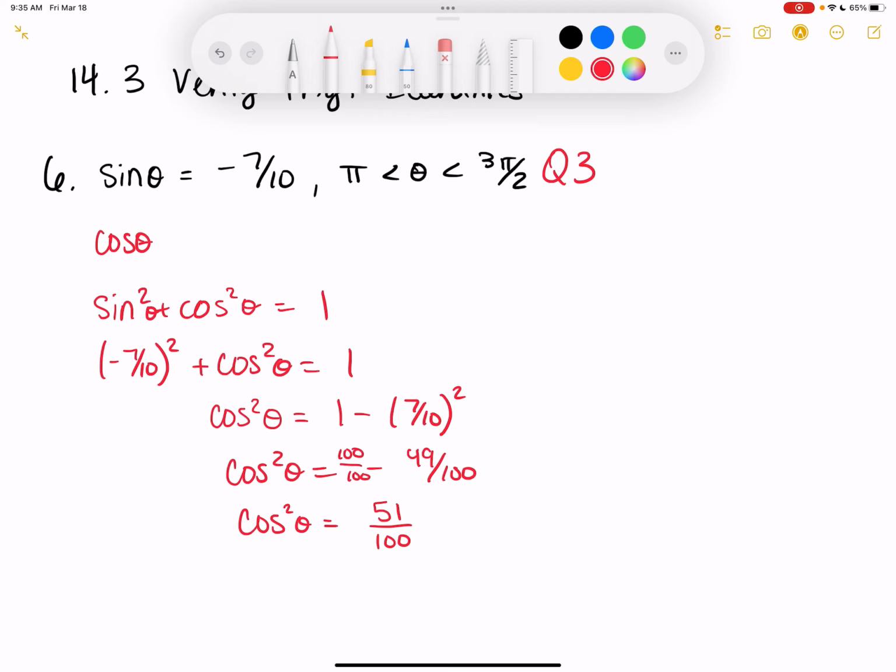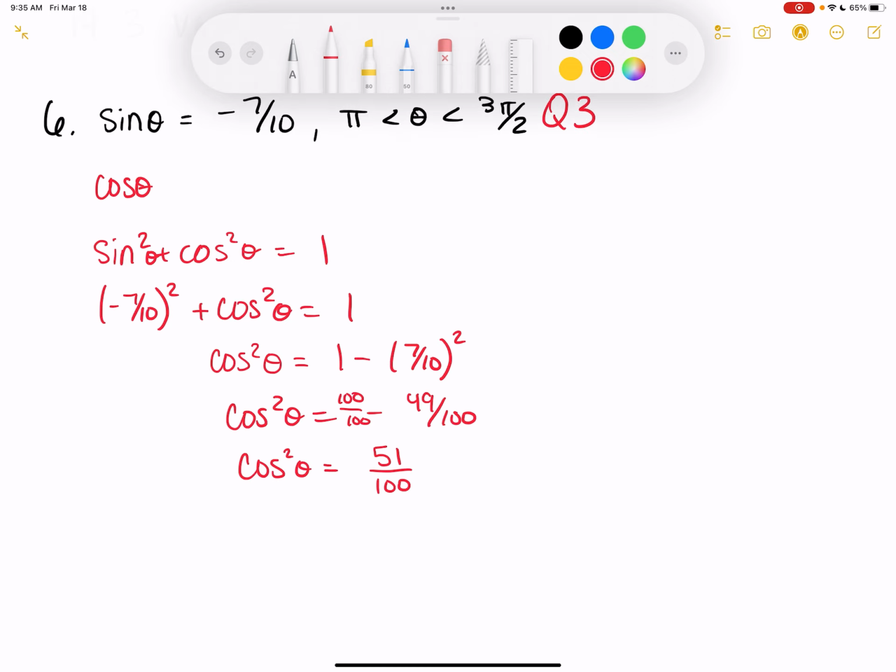Okay, thank goodness. Wait, how do you figure out which one you use? I'm going to show you this, and then I'm going to show you an easier way to do this problem. But I'm showing you how to use your identities at the moment.